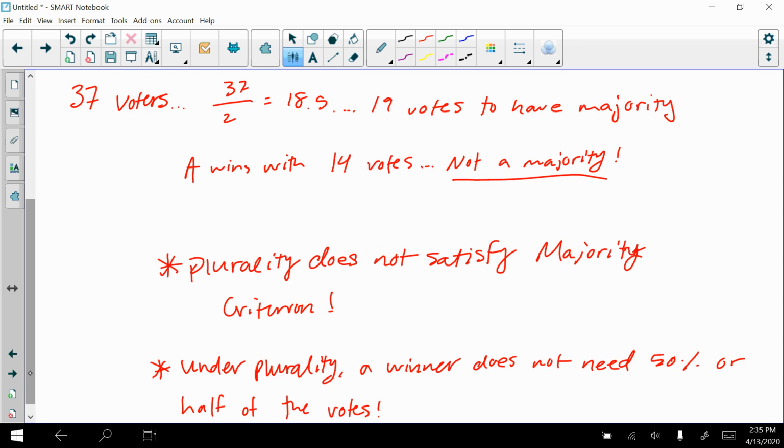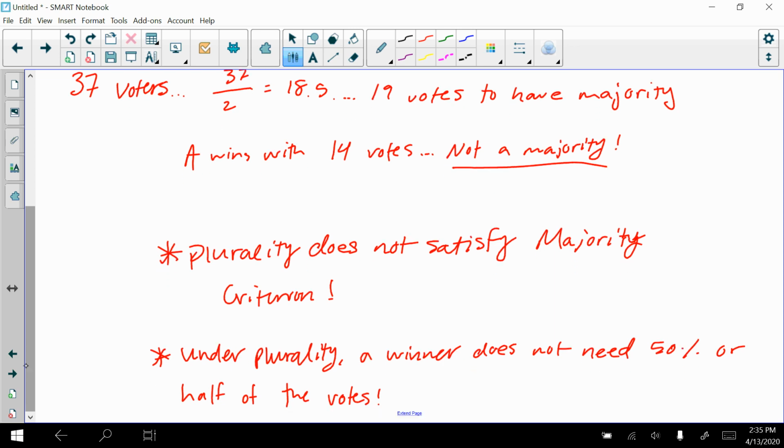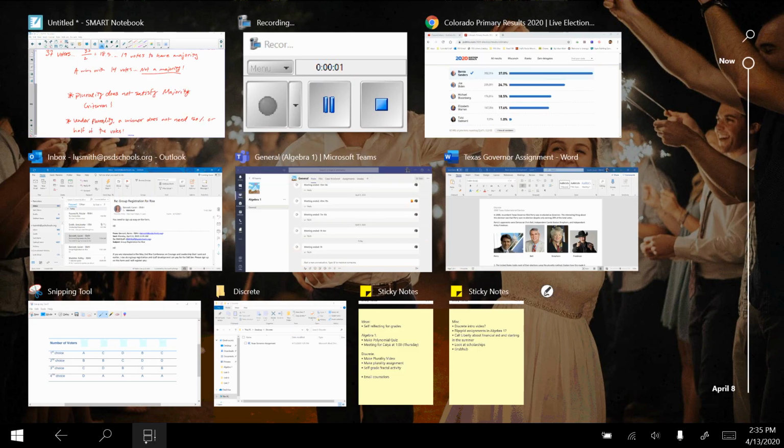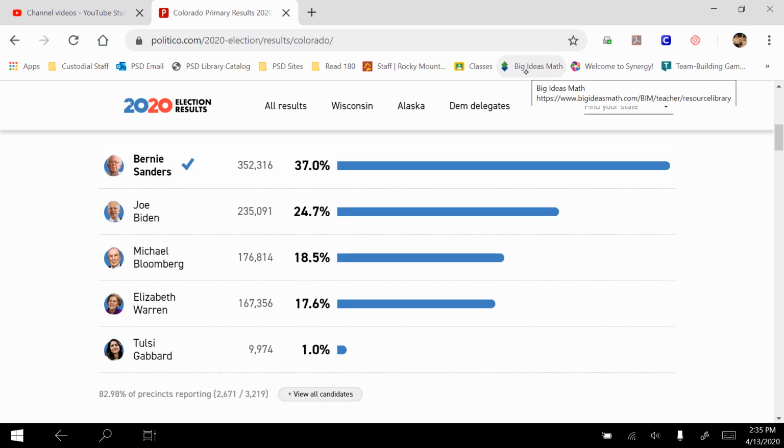Okay? Let me show you an example of this. This comes up in real life. Let me show you an example of this that's actually very recent. These are the results of the Democratic presidential primary in our state, in Colorado, earlier this year. Bernie Sanders won our state with 37% of the vote. Okay, Joe Biden was in second with 24%, almost 25%.